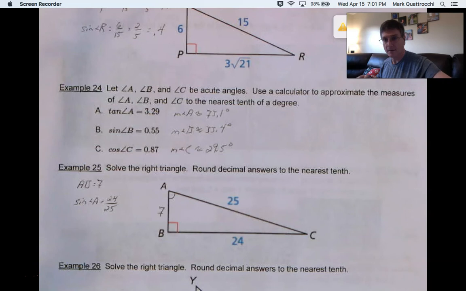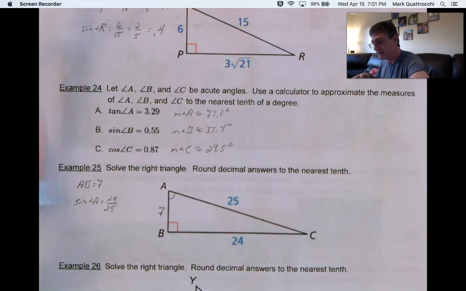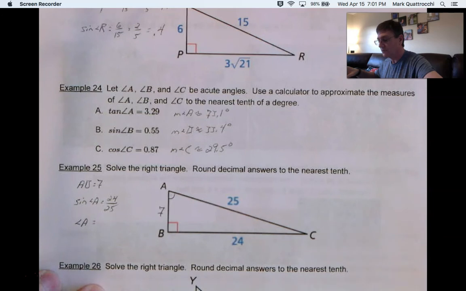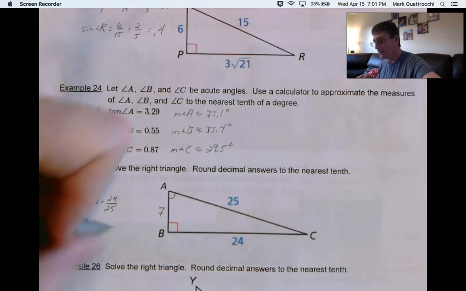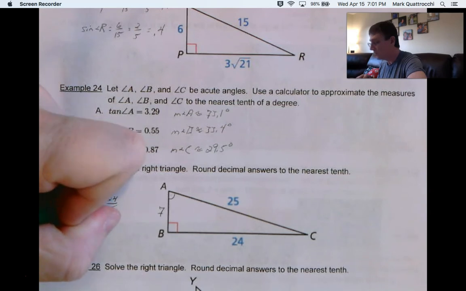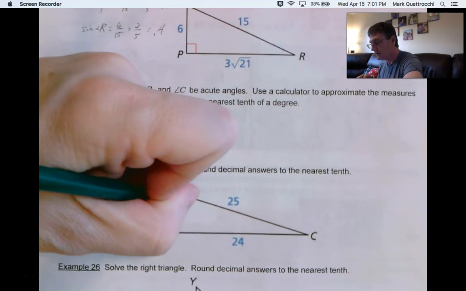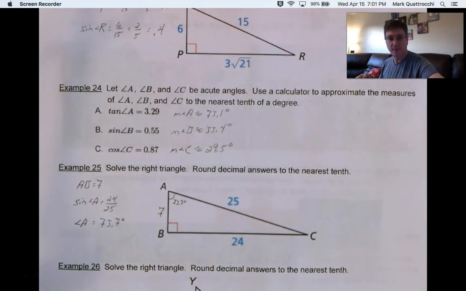Inverse sine angle A. So inverse sine of 24 divided by 25 becomes 73.7 degrees.